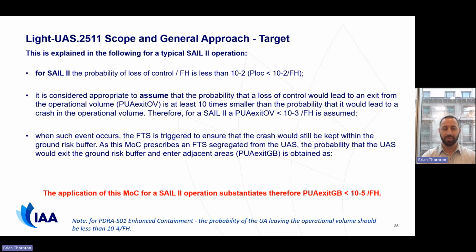Therefore, there is an assumption that the probability of the UA exiting the operational volume is 1 times 10 to the minus 3. So one loss of control every 1,000 hours is assumed to crash within the operational volume if you use a flight termination system, potentially.